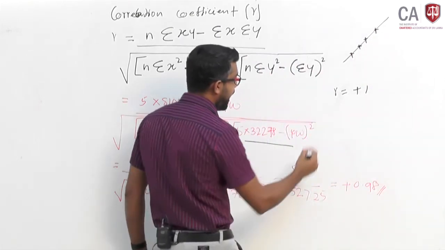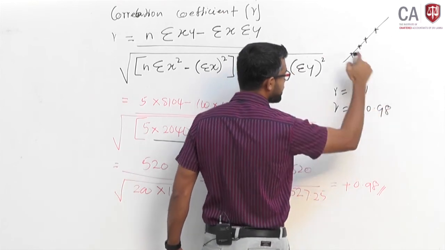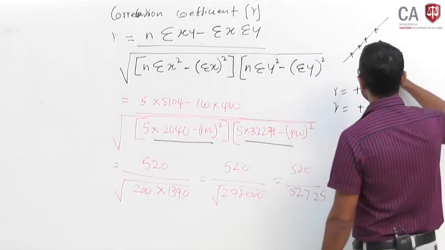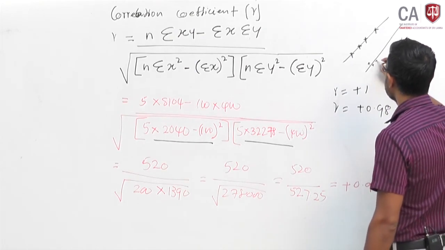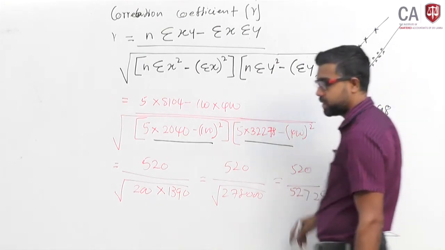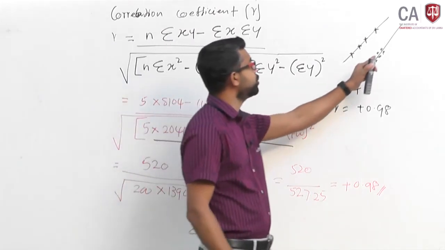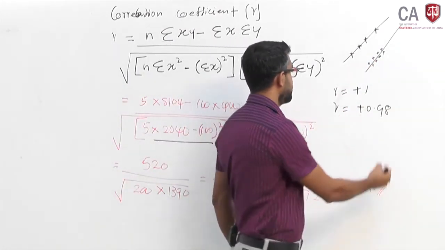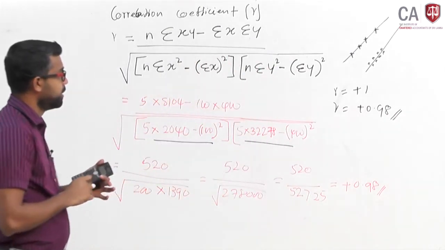Now what we got is r equals plus 0.98, very close to 1, which means it's a high positive correlation. But if you look at the scatter graph, the variables are not on the line but very close to the line, and it's a positive correlation. How do you explain this?